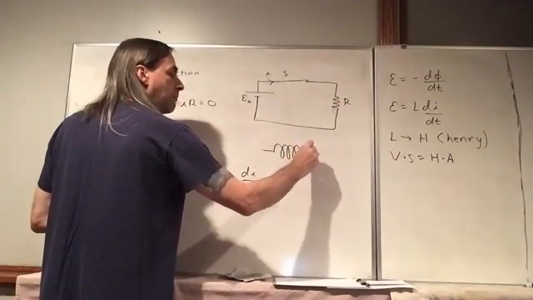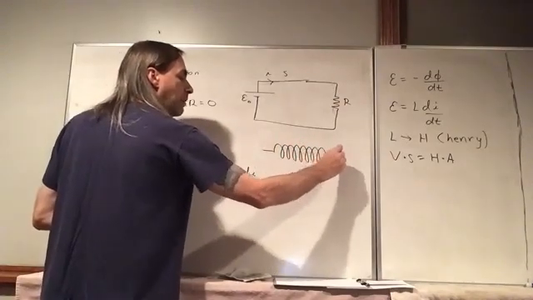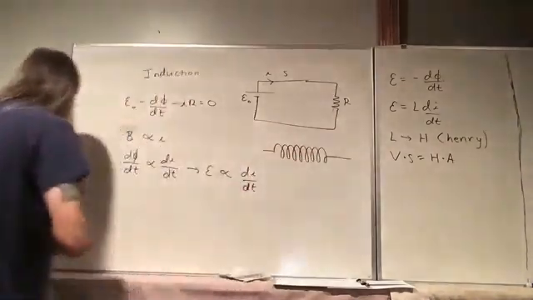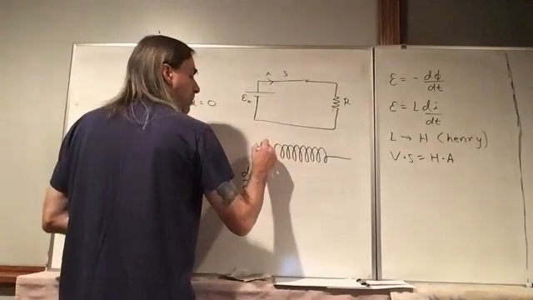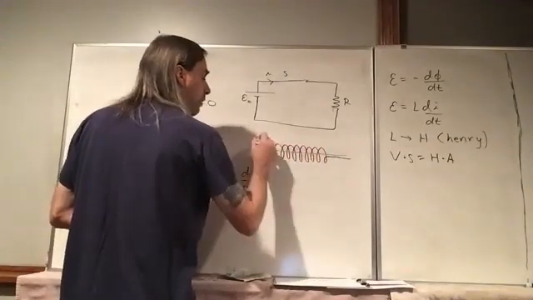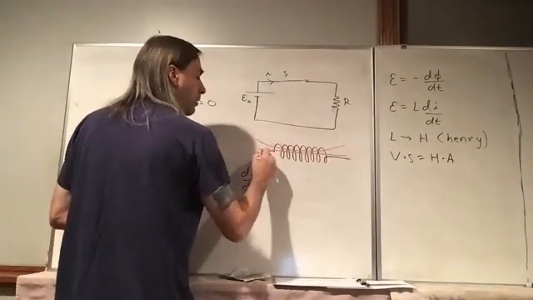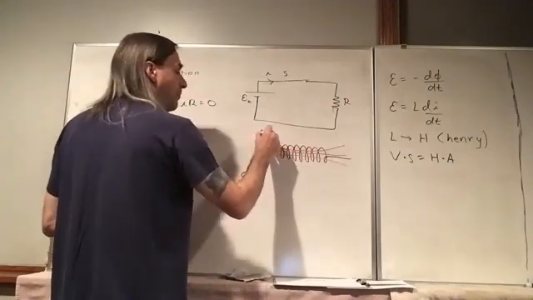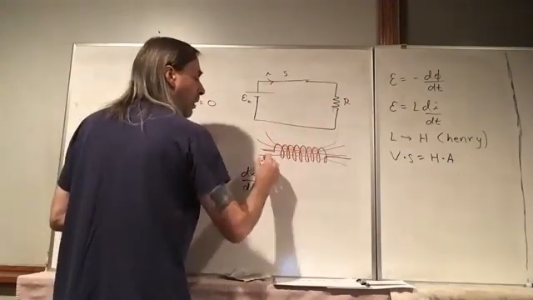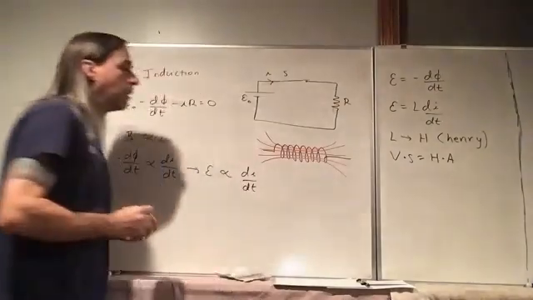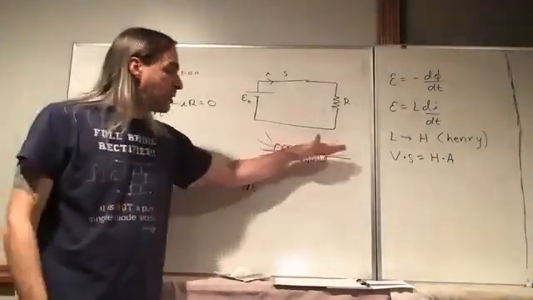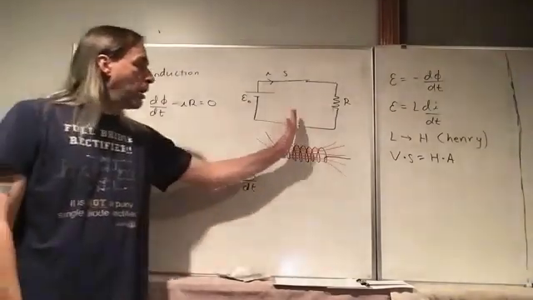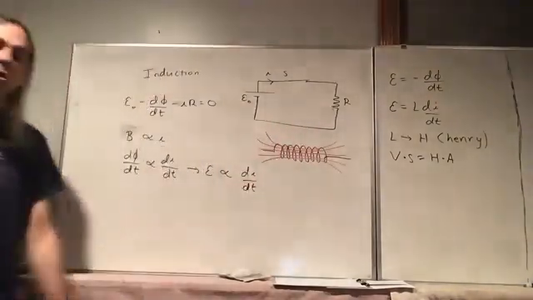Now, of course, it spreads out when you get near the edges, but basically the magnetic field is going to look like this. So to a very good approximation, when you're inside the solenoid, the field lines are parallel to the axis of the solenoid, or perpendicular to each loop.